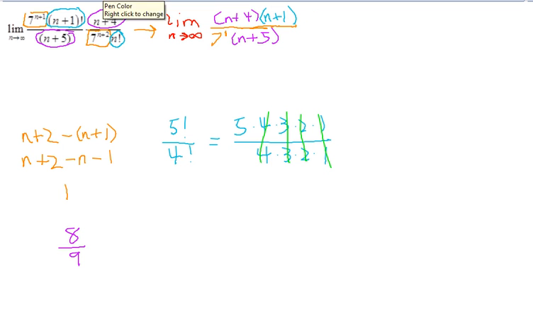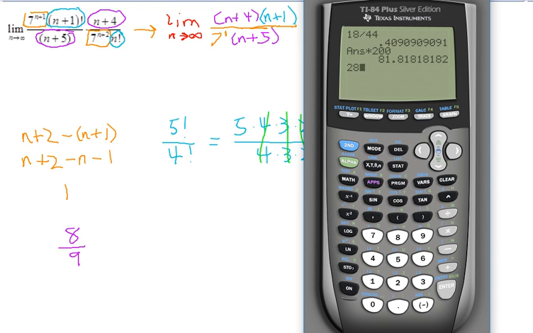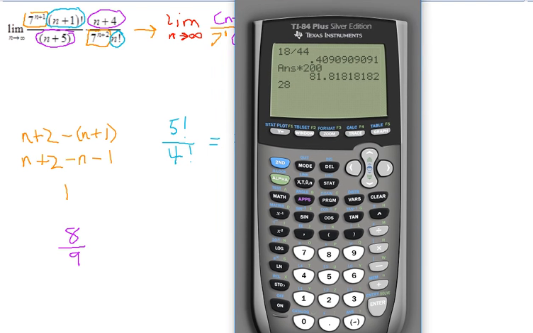So we substitute infinity. We get infinity plus 4, where the plus 4 is negligible, so it'd be infinity, times infinity plus 1. Again, the plus 1 is negligible, so it'd just be times infinity, divided by 7, times the plus 5 is negligible when you plug in infinity, so times infinity.